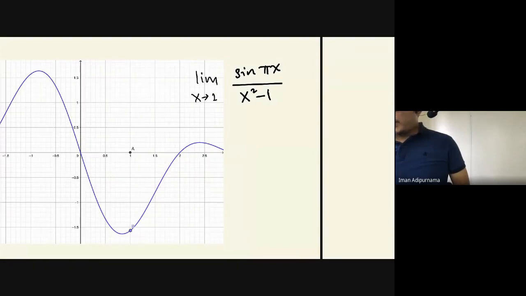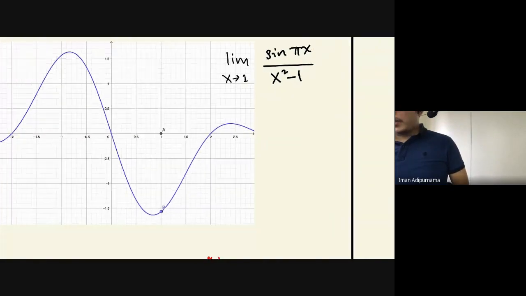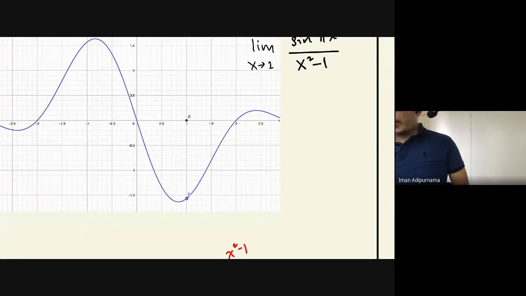When x is approaching 1, what is the value of this function? If we draw the graph and put point A here, at x equal 1, it will reach some point, around this B.